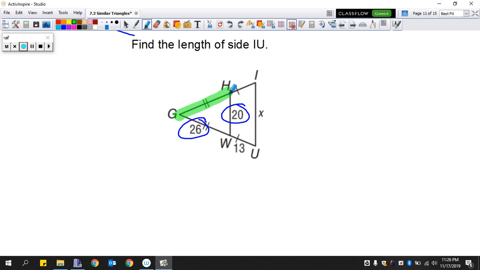Okay, that's our first triangle. So the 20 is proportional to the x. Okay, so the 20 is proportional to the x.